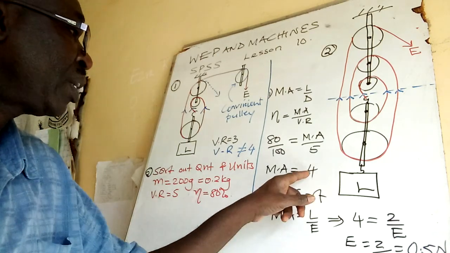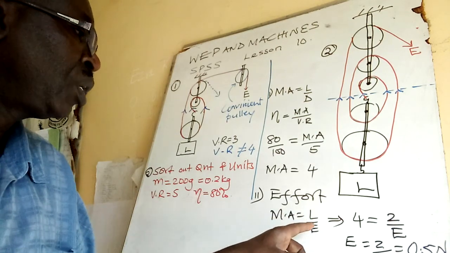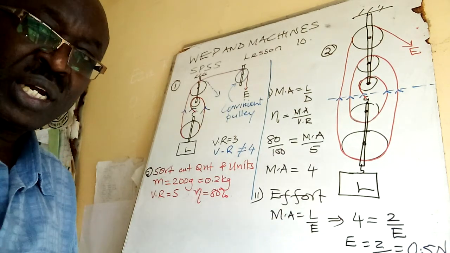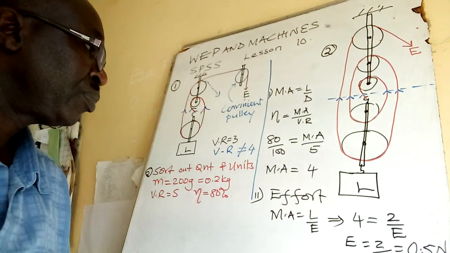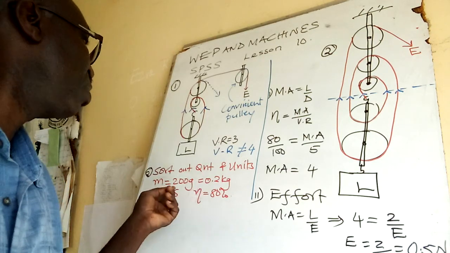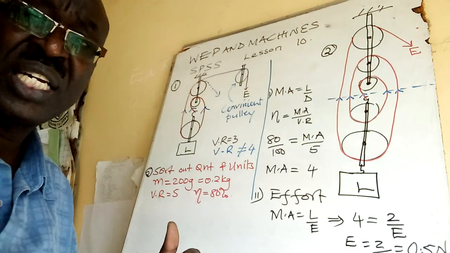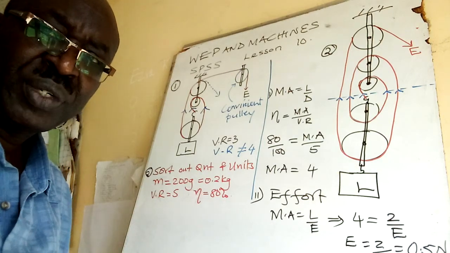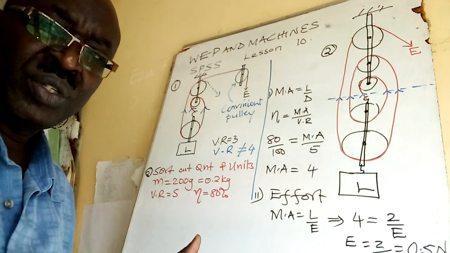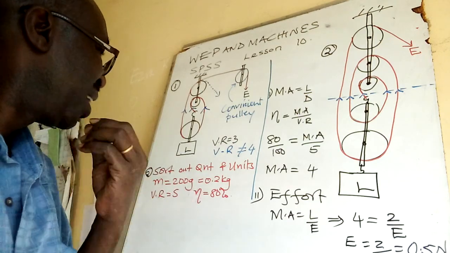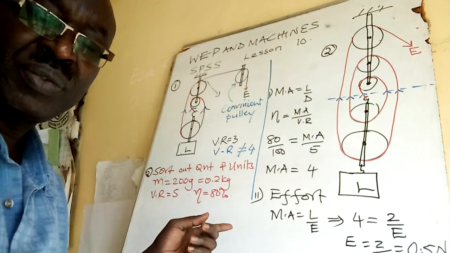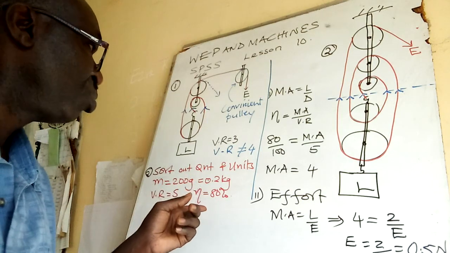You have to get mechanical advantage. Load and effort, we can have them in newtons. The load I was given, 200 grams divided by 100. That is direct conversion. Otherwise, you can change it to kilograms, 0.2.